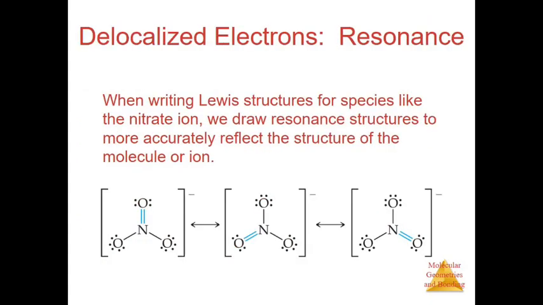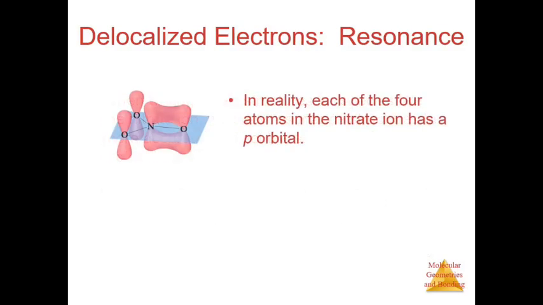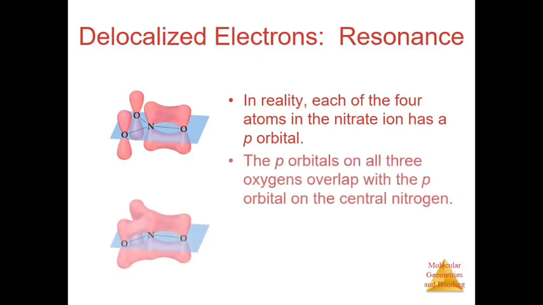Getting back to our resonance structures, they're showing you the resonance structure here for the nitrate polyatomic ion. Notice that that double bond can be between any of the surrounding oxygens since they are all oxygen. We do have a resonance structure here. It's showing you in reality each of the four atoms in the nitrate ion has a p orbital, and those p orbitals on all three oxygens will overlap on the central nitrogen.